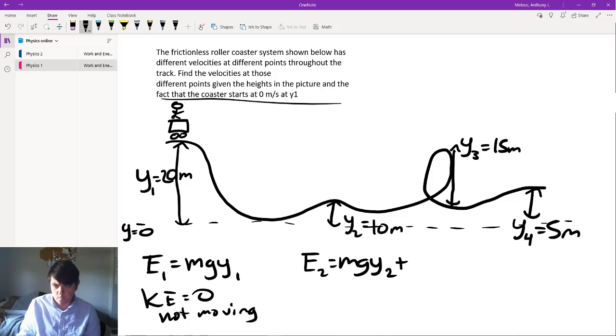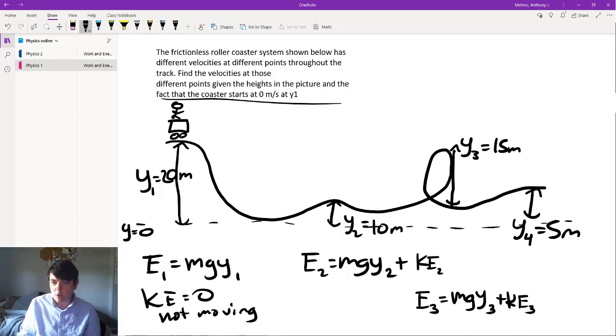So E2 will have a kinetic energy, we'll just call it KE2. E3 is mgy3 plus KE3.